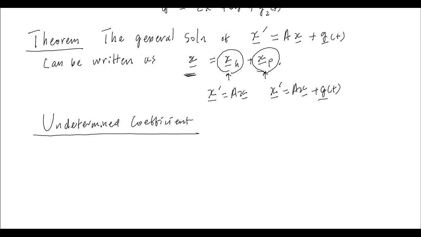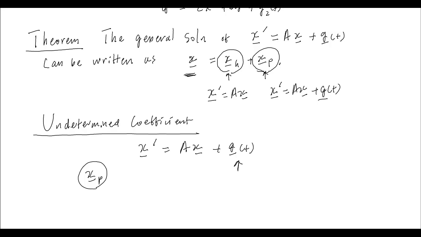So we are trying to find xp, the particular solution, and as in the second order ODE case, we assume the form of xp based on the form of g of t.